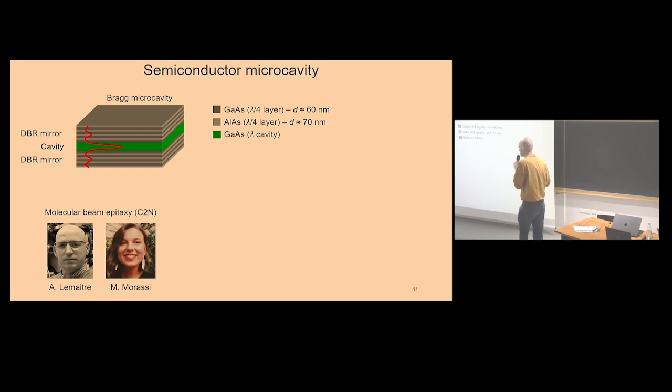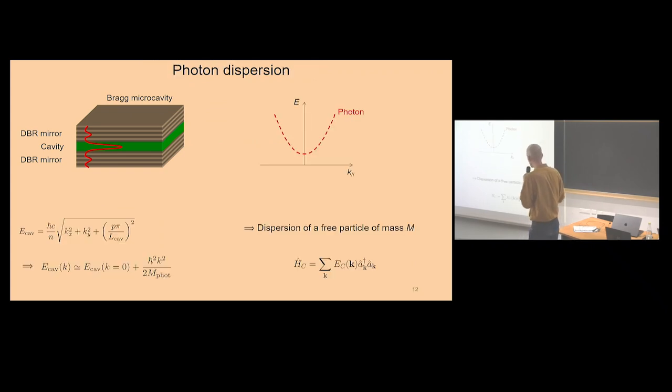It's an interference-based mirror with 99.999% reflectivity. Now if you place two such mirrors with a small spacer in the middle, which is also typically made of some semiconductor material, you define a cavity where the photons are confined. The photons bounce back and forth inside the cavity, they stay for some time, which is the lifetime of the photon, and then they escape.